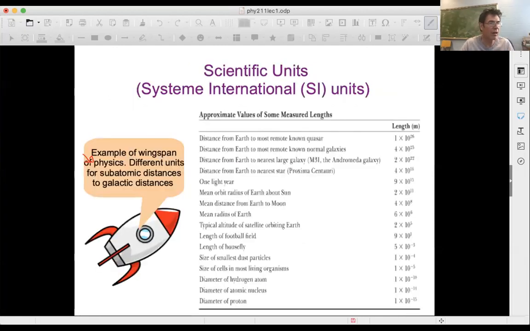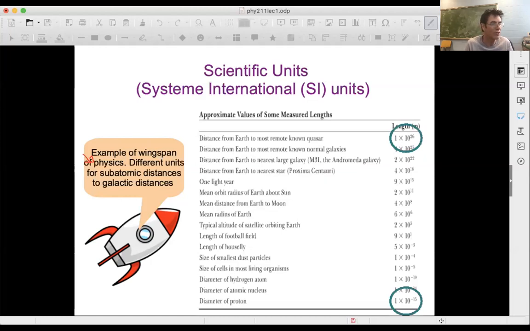The next 3 slides, I'm gonna shoot through really quickly because that's all I need to do with them. This is a table from the textbook. It just shows you the huge scale of lengths that you can meet in physics and astrophysics. So it shows you that the largest distance scales can be like 10 to the 28 meters. The smallest distance scales can be 10 to the minus 15 meters.